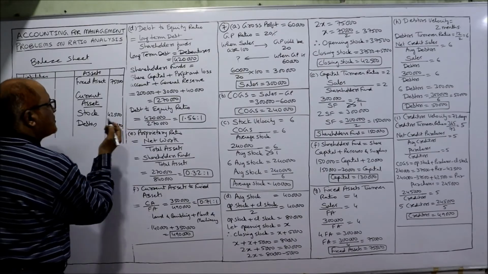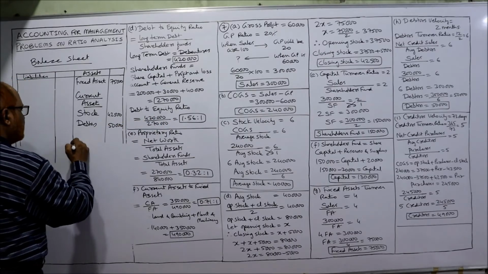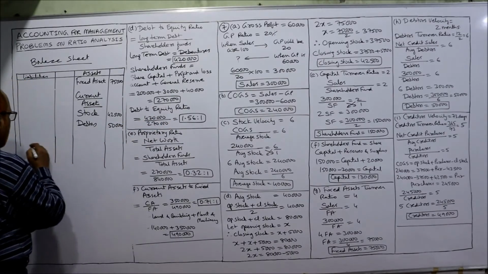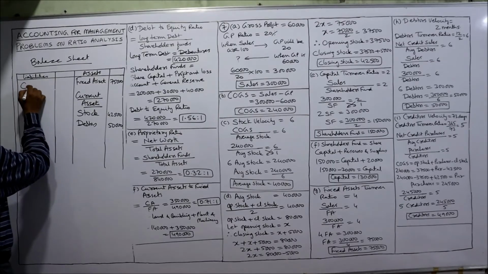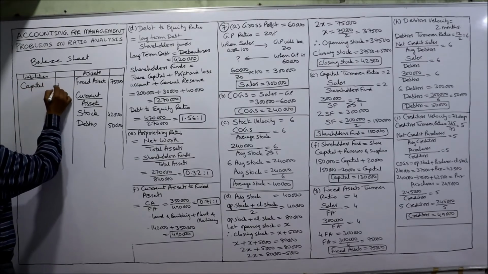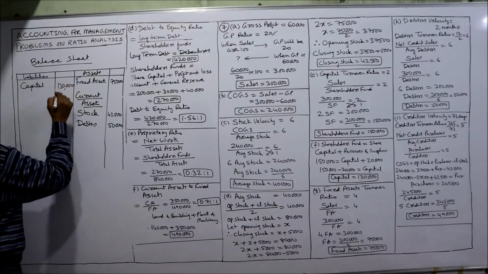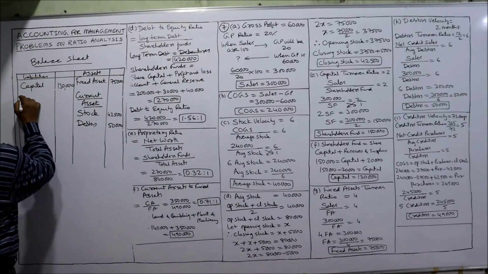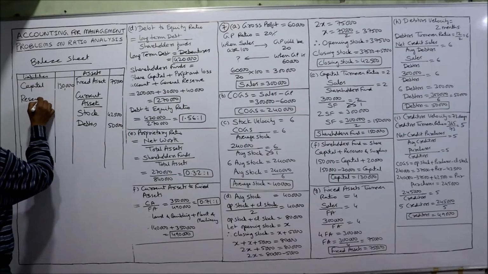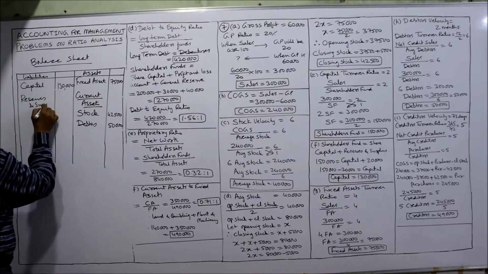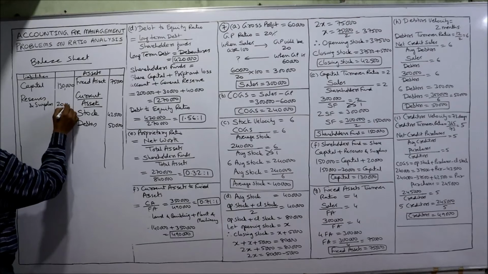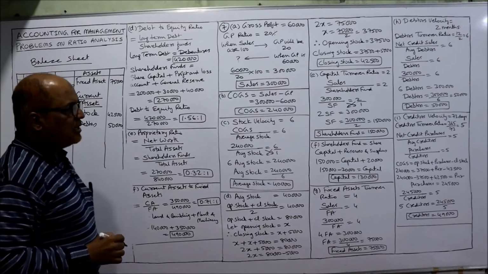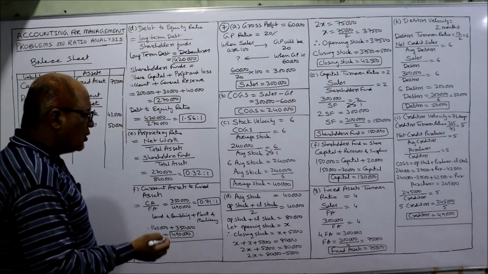Only two current assets we can be able to calculate from the given ratios. Now come to liability side, capital. How much capital we have calculated? 1,30,000. So here you can see 1,30,000 capital. Then reserves and surplus. Reserves and surplus are 20,000 given in the problem. Right? Long-term debt we don't have.